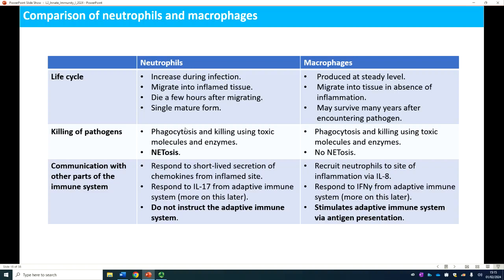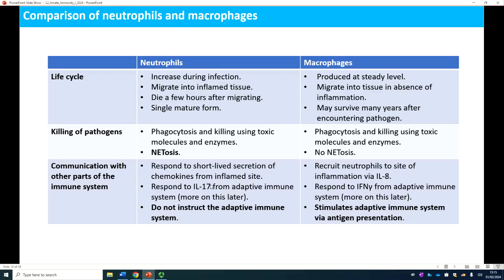In terms of the mechanisms of killing pathogen, both neutrophils and macrophages can perform phagocytosis, and they can also kill using these toxic molecules. But one difference between them is NETosis. So neutrophils can do this NETosis, extruding this chromatin, but macrophages have no NETosis.